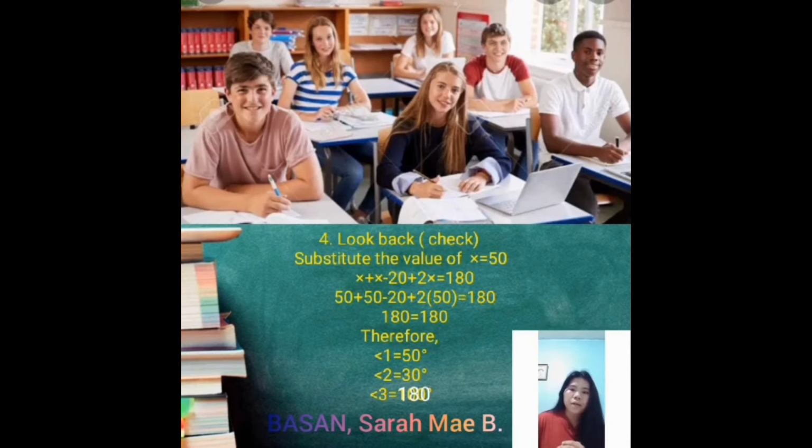So therefore, angle 1 equals 50 degrees, angle 2 equals 30 degrees, and angle 3 equals 100 degrees, and the total is 180 degrees. So the final answer is 180 degrees. This is how we use Polya's problem-solving steps.